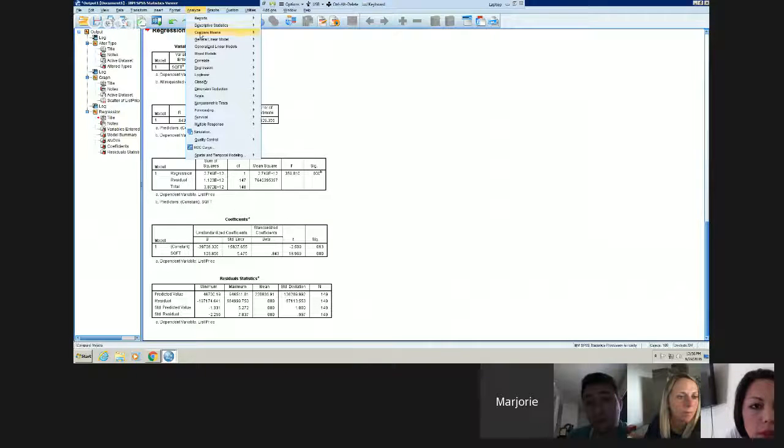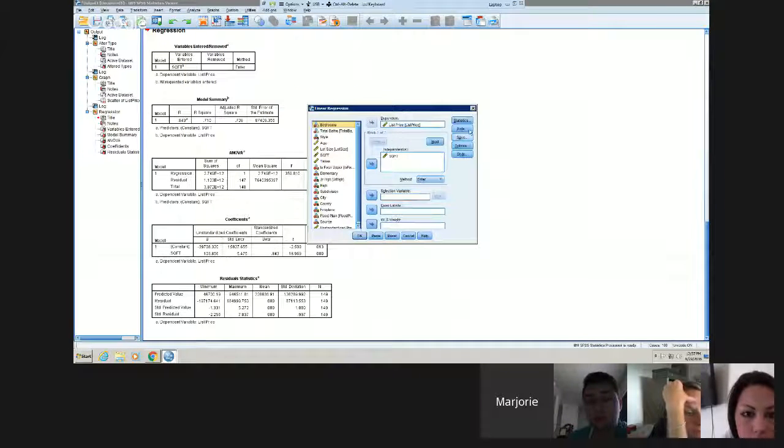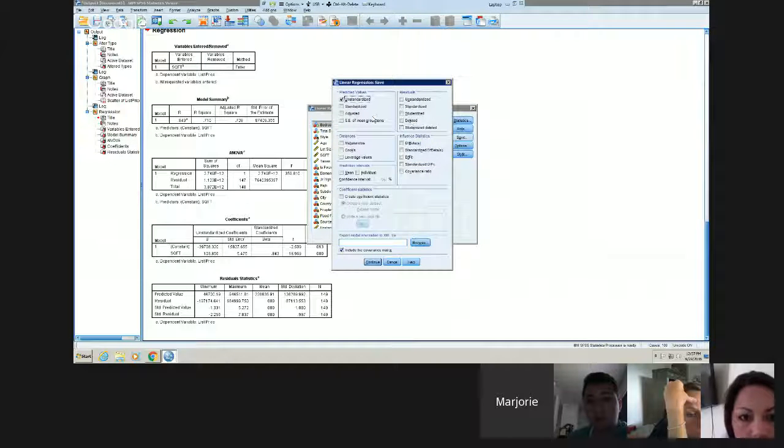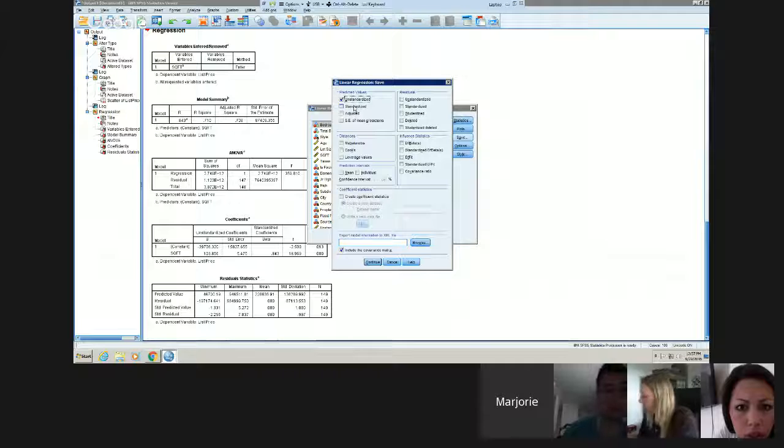Go back to where you were with regression linear. And go to save. Is there a sample? Is it asking for a sample? It's asking for the sample covariance. That's what SXY stands for.